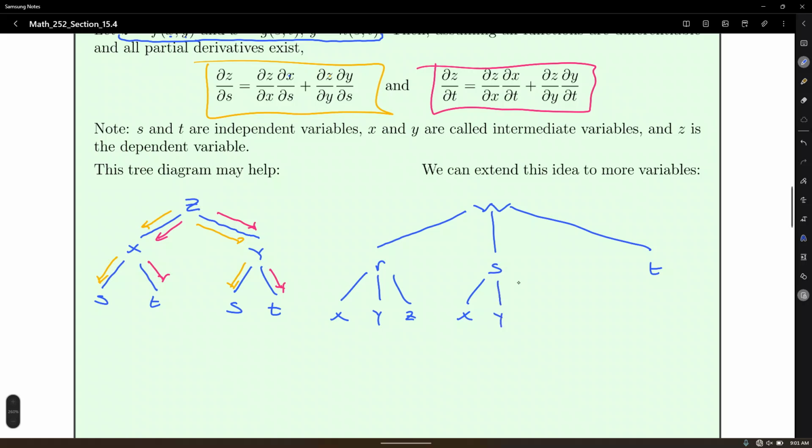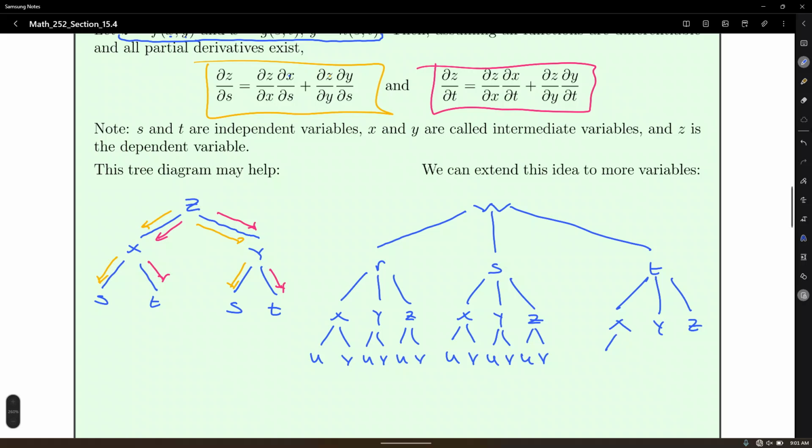And at the same time, why not, x and y depend on u and v.